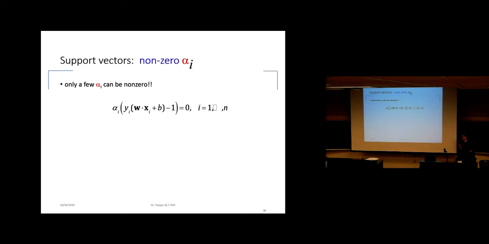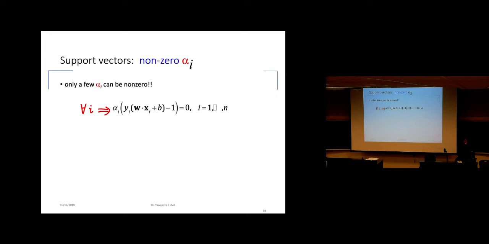The dual parameters. From the primal to the dual, you actually need to guarantee this formulation. You can derive it. I'm not going to derive this, but feel free to check out my extra slides. For every I, which means for every training sample, I need to guarantee alpha I times (yi times (W transpose x plus b) minus 1) equals 0.